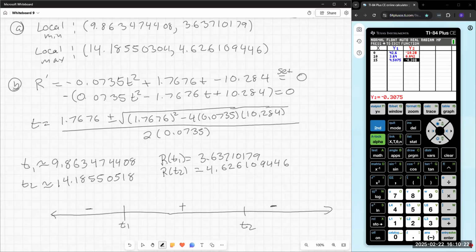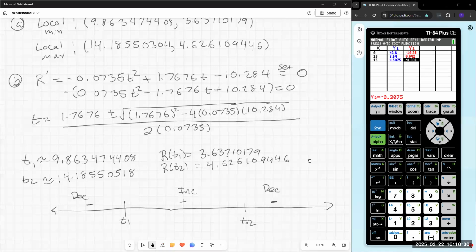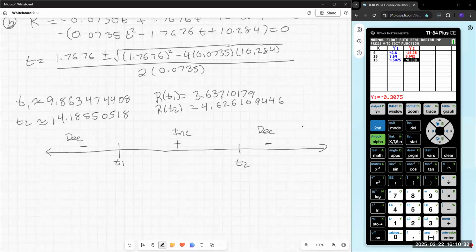Okay, so this is decreasing, increasing, decreasing. So we're going to say that this is decreasing on the interval from negative infinity to T1, and you can actually use the number in place of that, union, T2 to infinity.